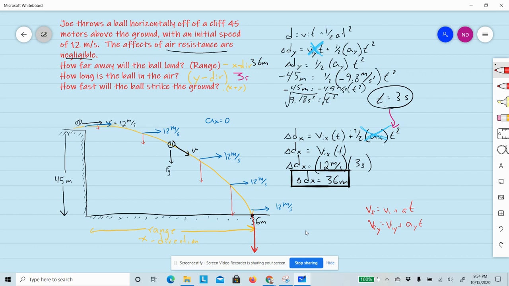The final y velocity is what we want. The initial y velocity was 0. It had none. 0 plus negative 9.8 meters per second squared times 3 seconds. Just about 29.4 meters per second, and that's downward.